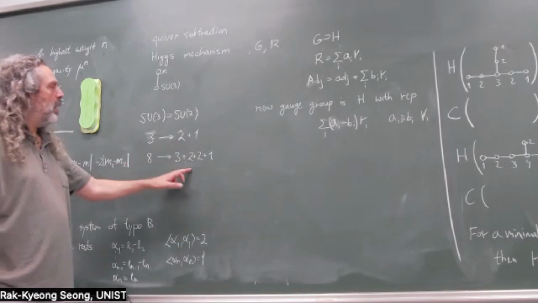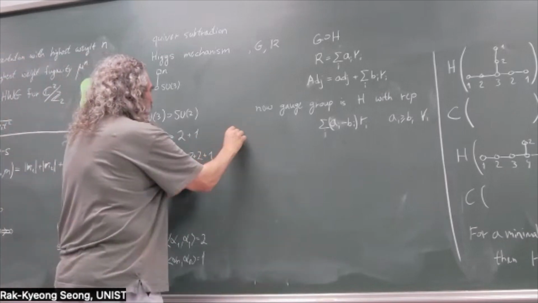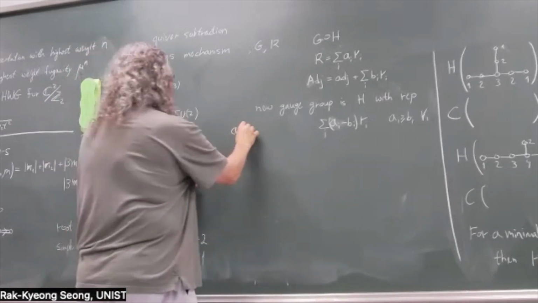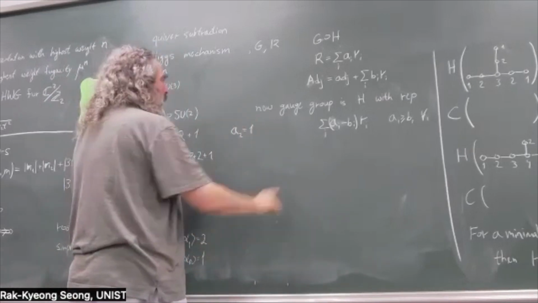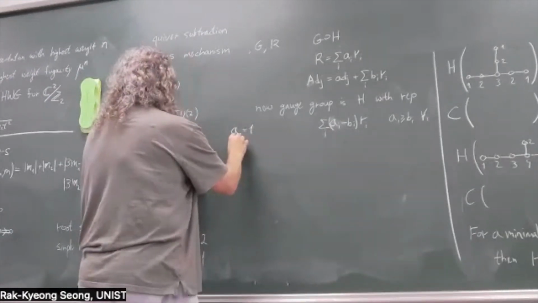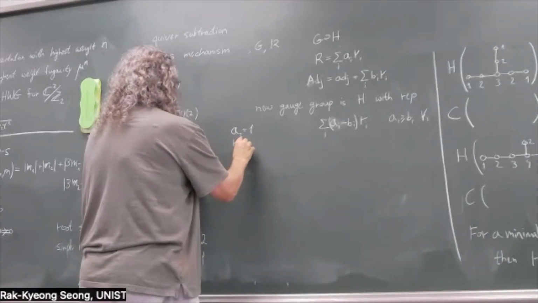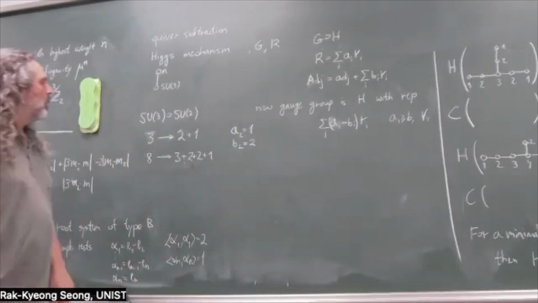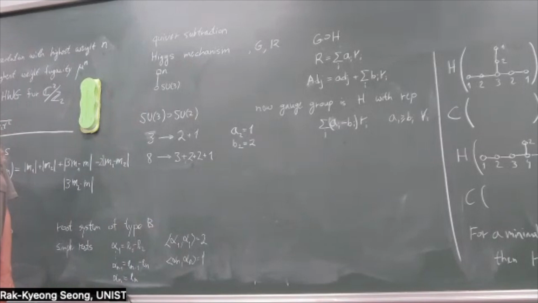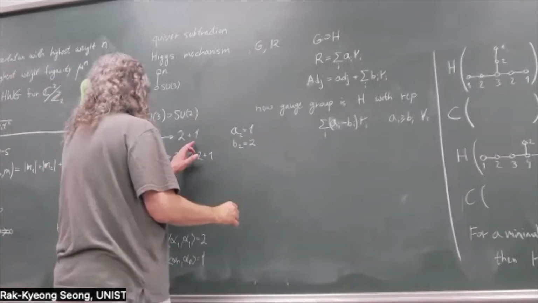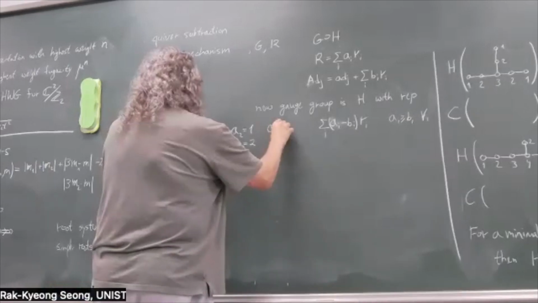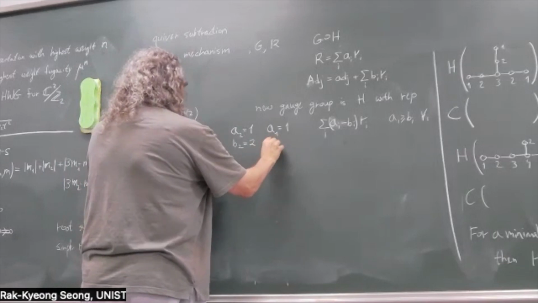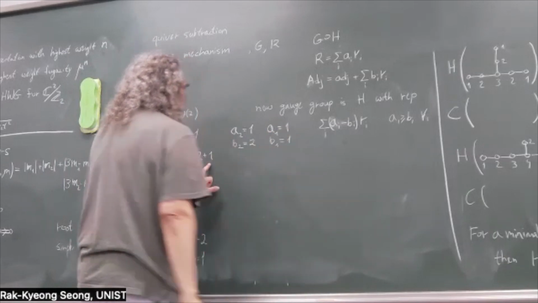So now A for the 2-dimensional representation is 1, and B is two. And A1 is 1, and B1 is 1, and that's it.